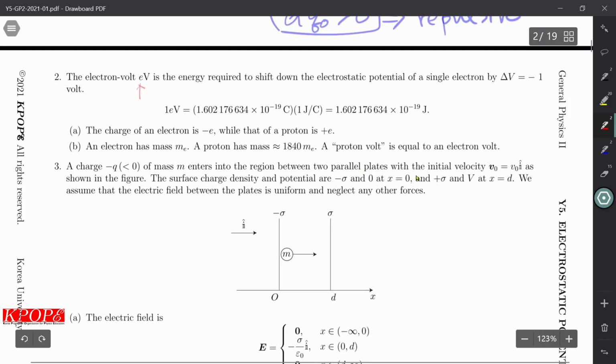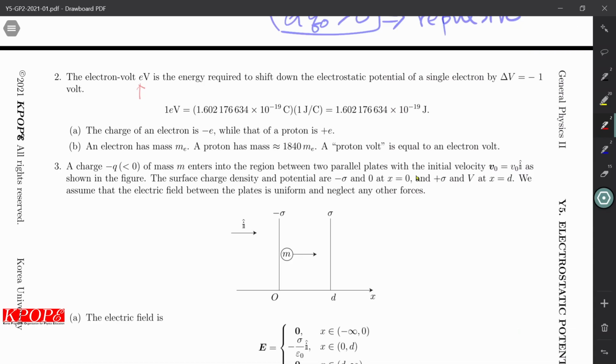And volt: this is Q, and volt is a unit of potential. So charge times potential is energy.